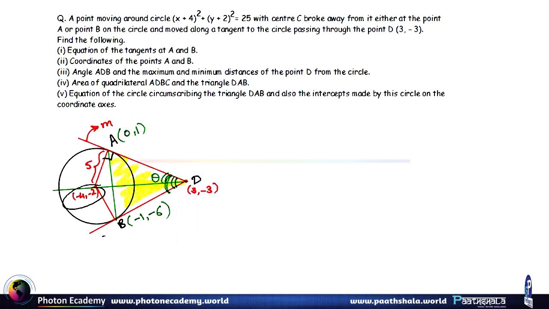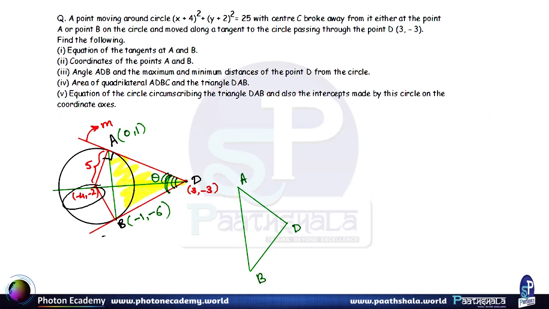We know that points DCAB are concyclic. So if this is the case, this is point A, this is D and this is B, and this is 90 degrees, then AB has to be the diameter of the required circle.